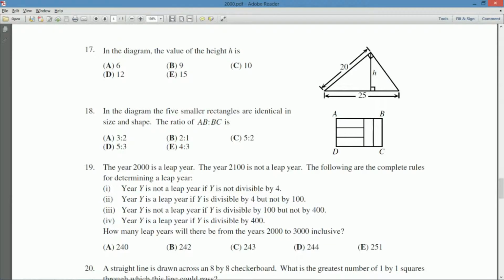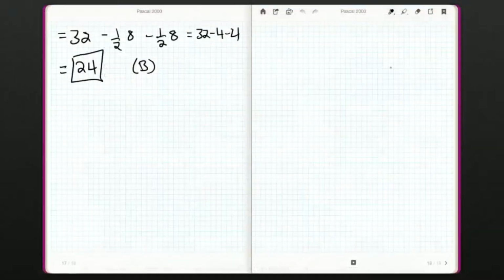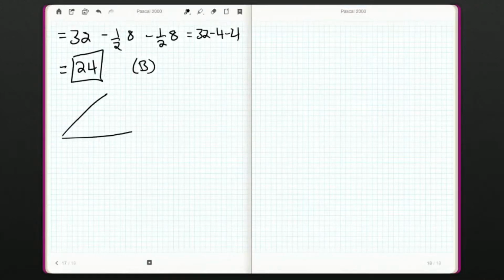First thing I'm noticing is, hey, this one up here is a right angle, so I should be able to use the Pythagorean theorem to get this missing side length for the big triangle. So we have 20 over here, we have 25 over here.